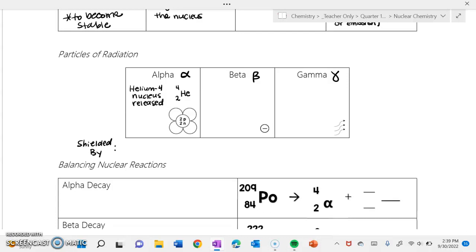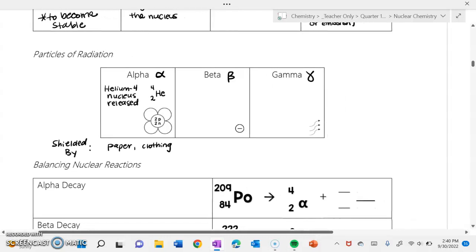I'm going to list out the thinnest material that will be shielding. Anything thicker than what we list will obviously shield it as well. So an alpha particle will not be able to pass through things as thin as paper, even our skin or clothing. They can't get through. But like I said, if ingested, then you might face some alpha radiation poisoning, some sickness, that kind of thing from the radiation.